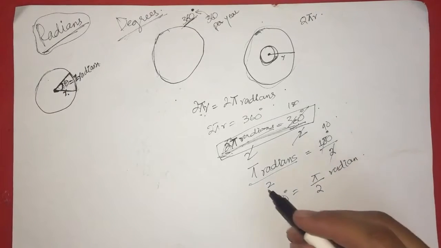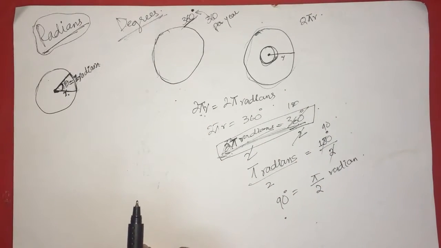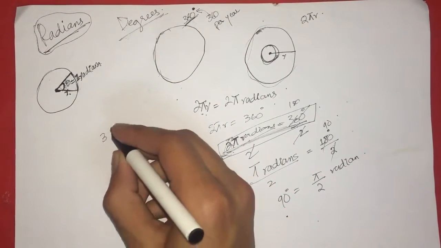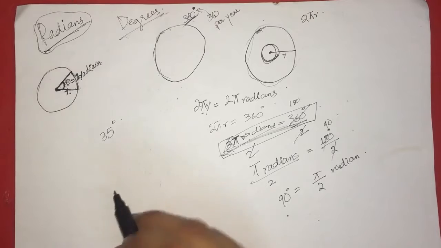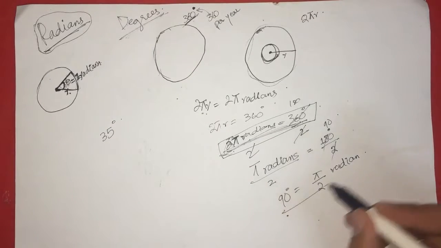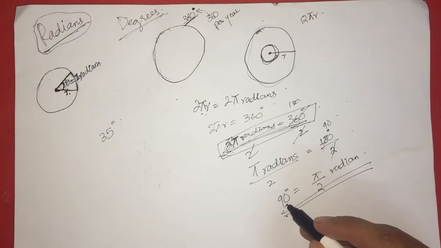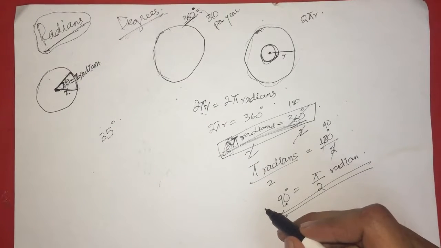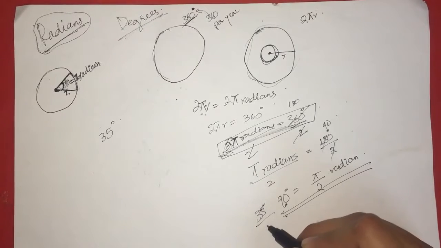Let me give you an example for the conversion. Let's say somebody has an angle of 35 degrees and wants to convert it into radians. Which formula do we use? Let's use this one: 90 degrees equals pi by 2 radians. Here we want 35 degrees, so we multiply both sides by 35 by 90.